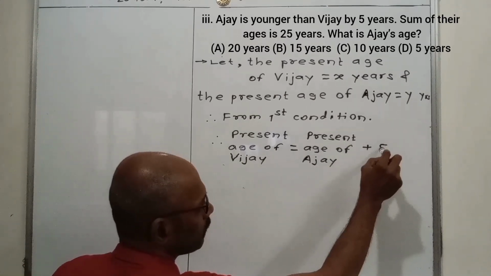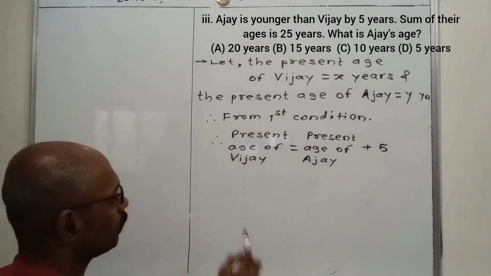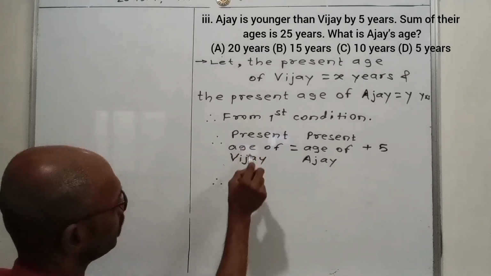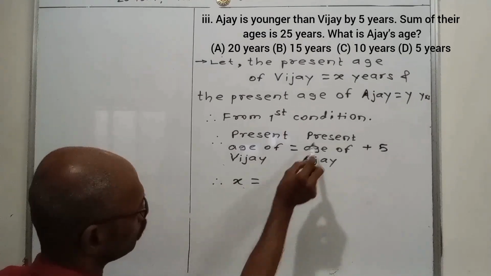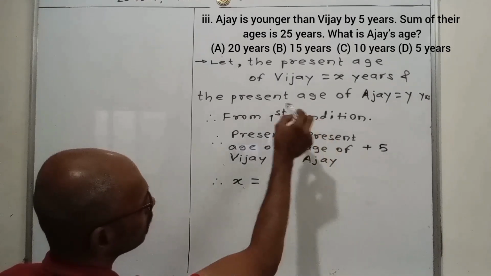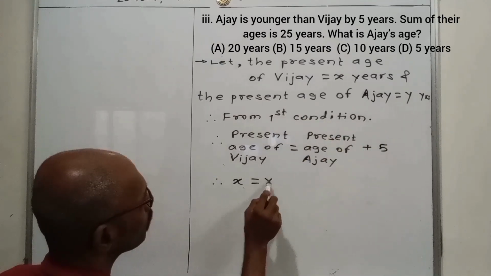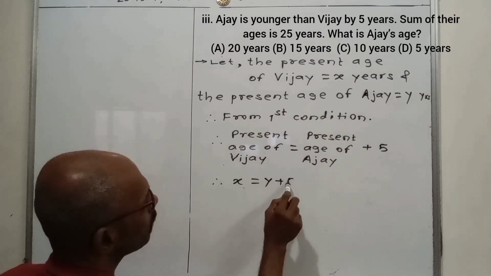So plus 5. Did you get it? Therefore, present age of Vijay, x, is equal to present age of Ajay, y plus 5.